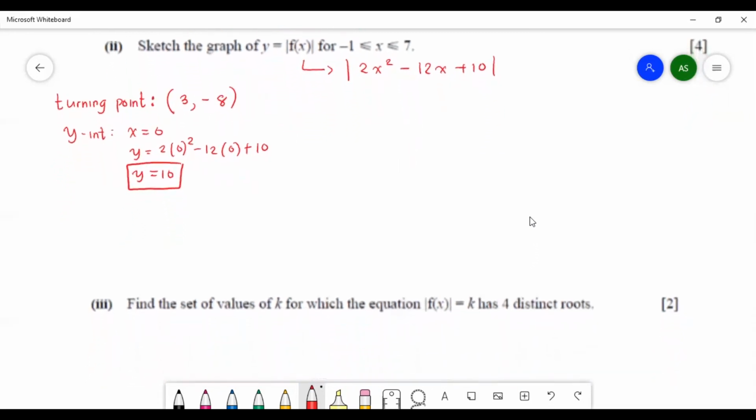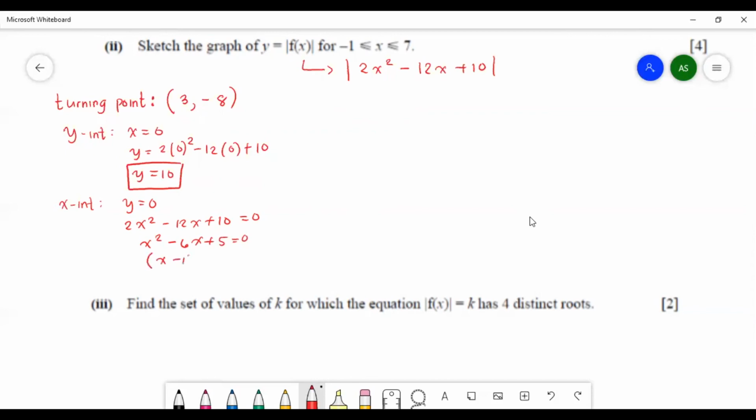Right? And then for the x-intercept, of course, we let your y equal to 0. So that means 2x squared minus 12x plus 10 is 0. Divide everything by 2. So that will become x squared minus 6x plus 5. Find the factors.